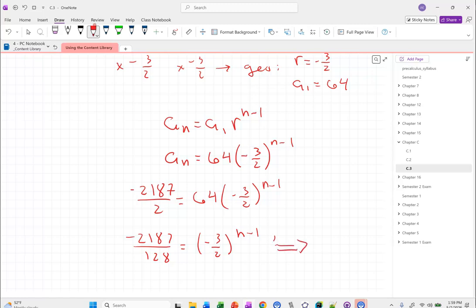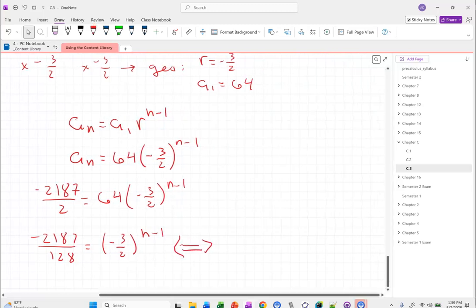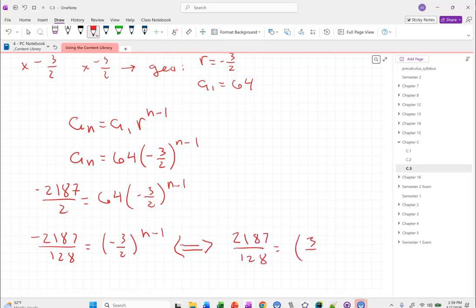Here's the deal, though. This problem is equivalent. We'll have the same value for n as this problem where we drop the negatives, right? You guys agree?